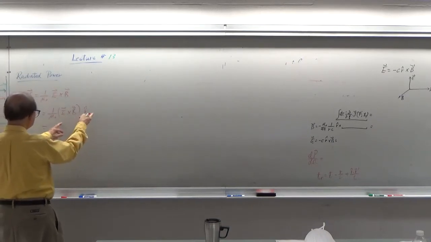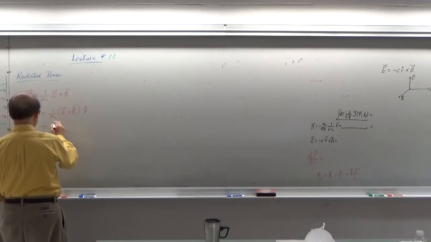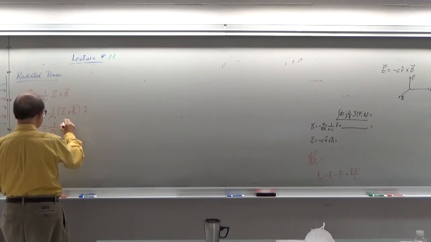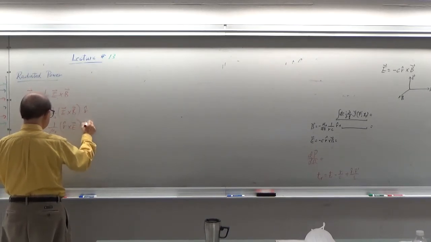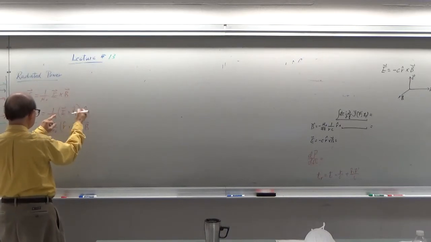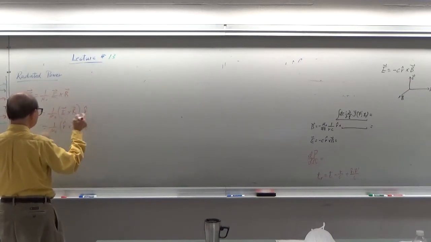And I can make use of vector analysis. Let's see. So I can write this as 1 over mu naught, R hat cross E dot B. Correct.